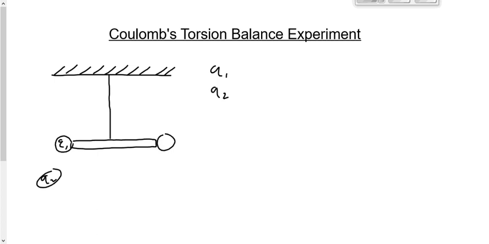He was able to do that by saying, look, I got a charge on one of these objects that is Q. And then I touch it with something that's neutral and it becomes a half Q. And then I touch it against something that's neutral again and it becomes a quarter Q. And I touch it against something that's neutral again and it becomes an eighth Q, and so on and so on. So he's able to not exactly know the value of the charge, but he's able to change the value of the charges by just touching them against neutral objects. So he knows kind of the relative values of the charges.